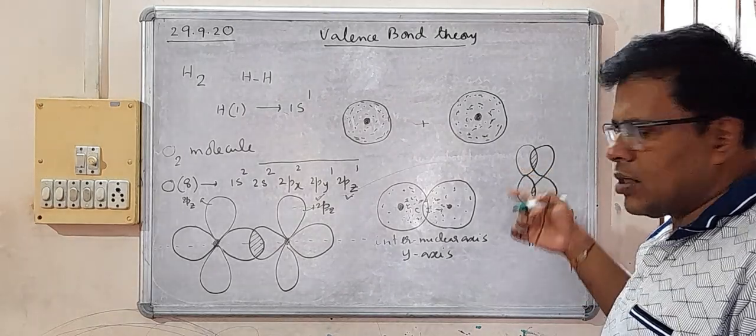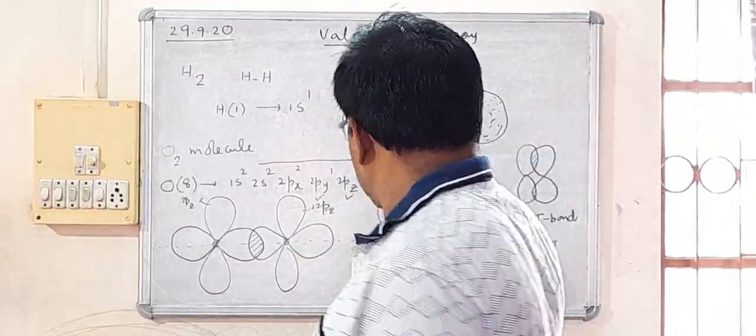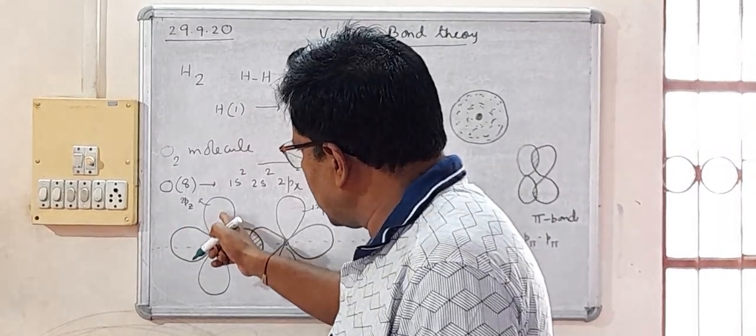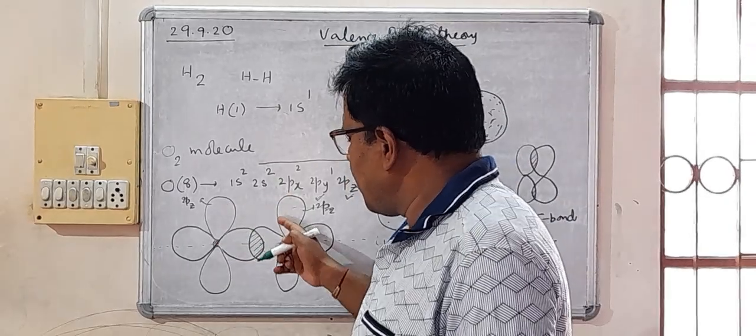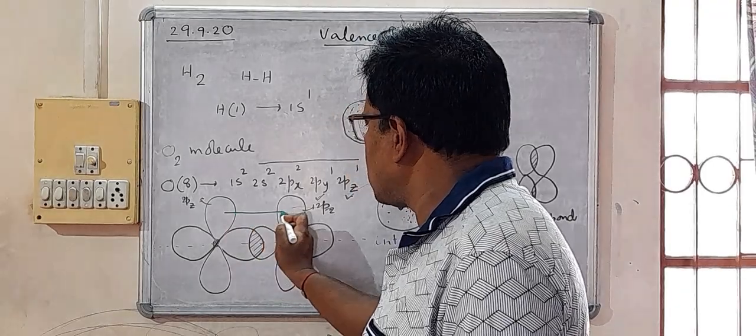So pi bond, or simply p-pi bond. Now, how to show this p-pi bond in this diagram? As I already said, these p orbitals are not so far. They are very close, and that overlap we show by drawing like this.